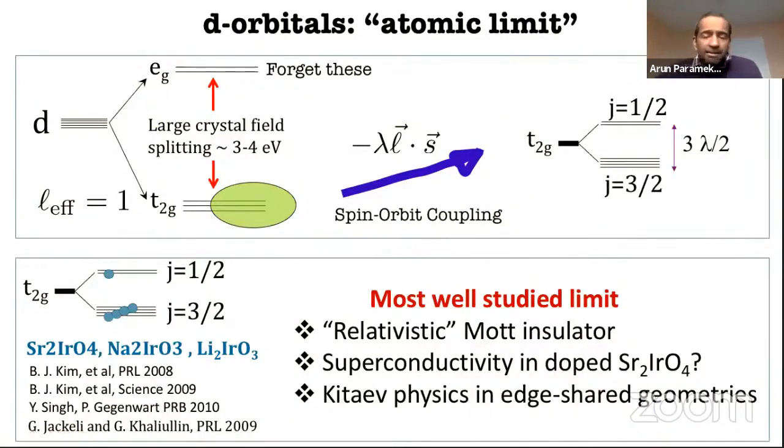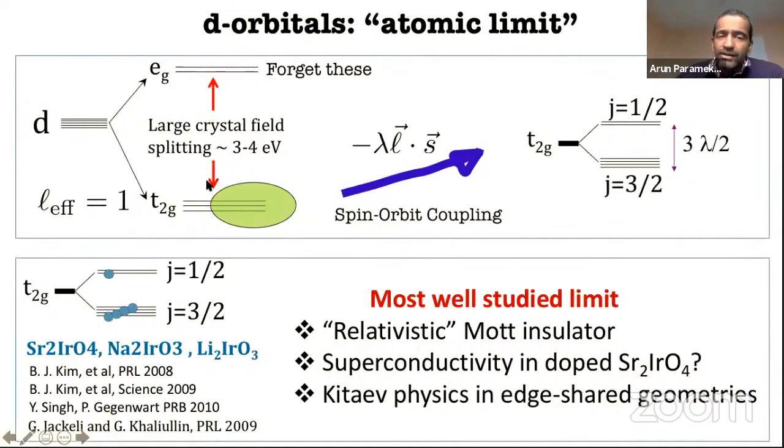And in that case, it's helpful to think in terms of a very local picture, like I was mentioning earlier. So this, in some sense, is a hierarchy of what one typically has. You start with atomic d-orbitals, right? And there's a very large crystal field splitting.